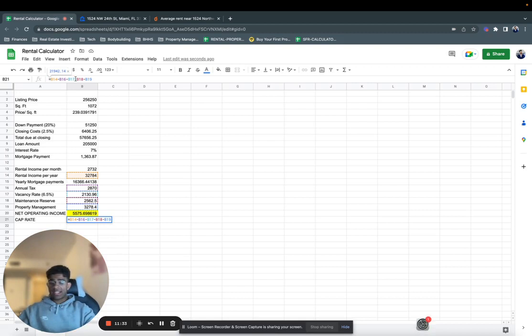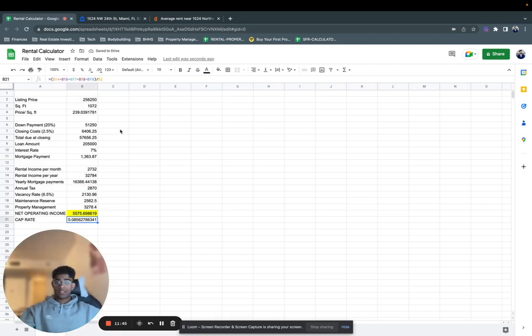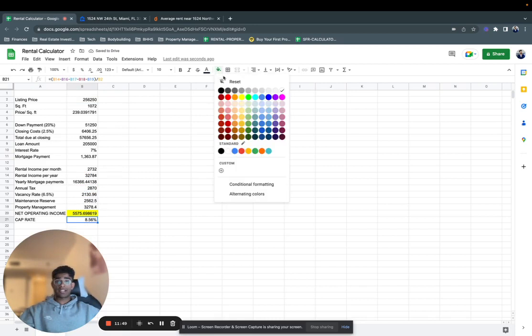And we take that whole value and divide it by the listing price. So our final result is 0.08. We convert that to percent, 8.56%.